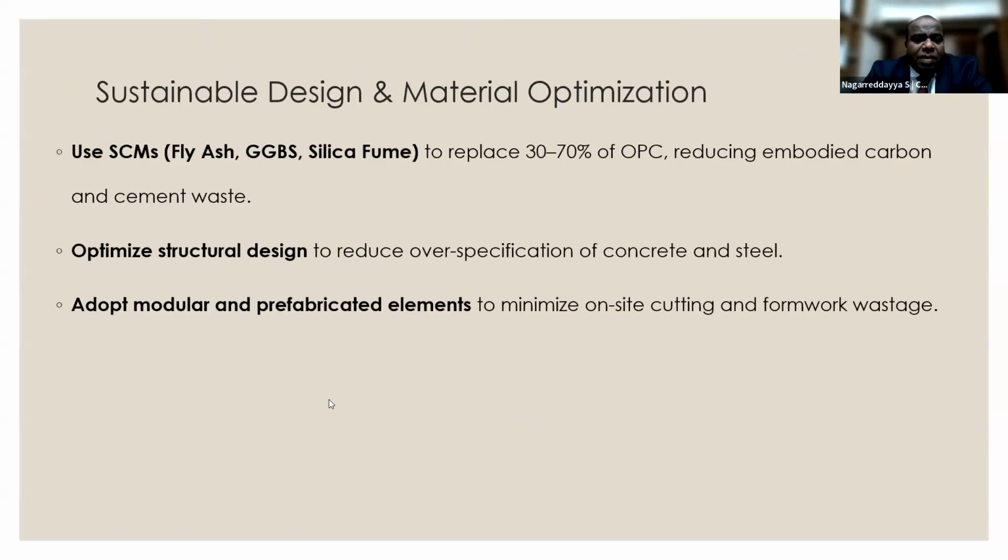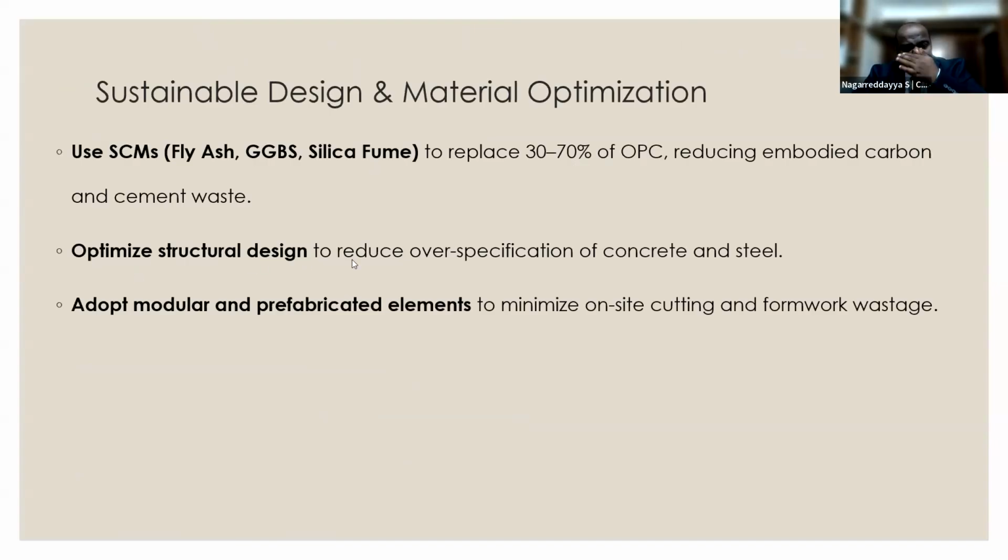So sustainable design and material optimization, as we were discussing, we can replace up to 30 to 70% of the OPC using SCMs: fly ash, GGBS, silica fume. And we can still optimize the structural designs.